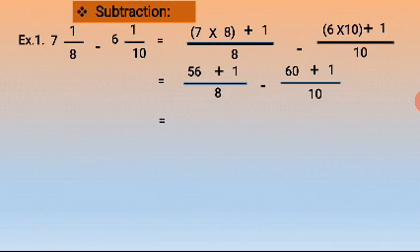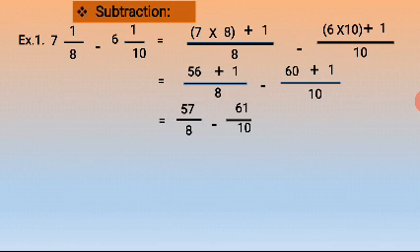56 plus 1, 57 upon 8, minus 60 plus 1, 61 upon 10. Here the denominators of these two fractions remain different, so we take the LCM of those denominators, because when we calculate addition or subtraction, the denominators of the fractions must be the same value.